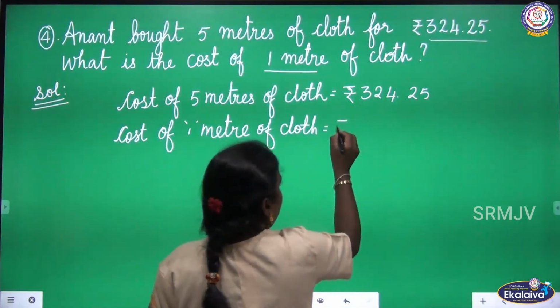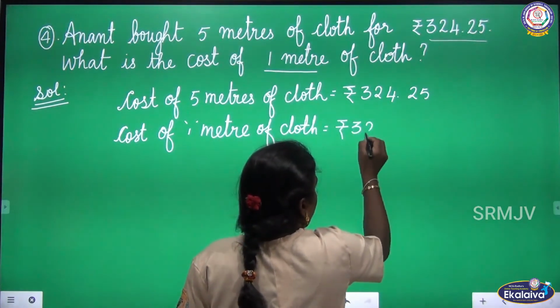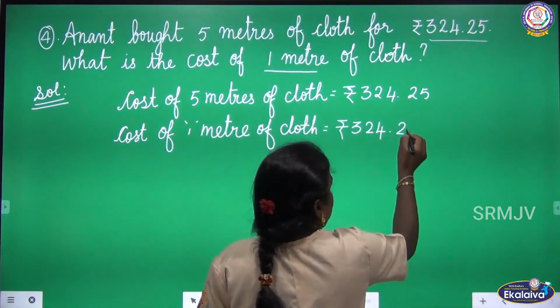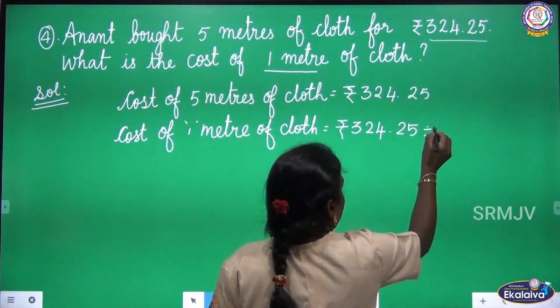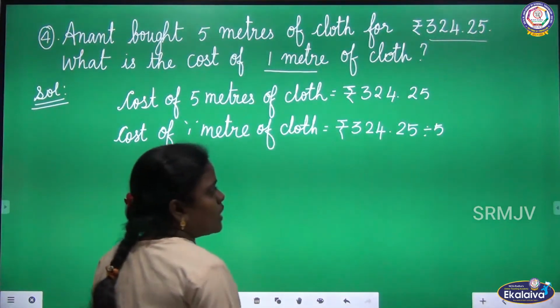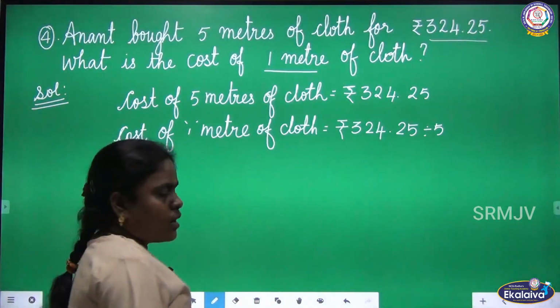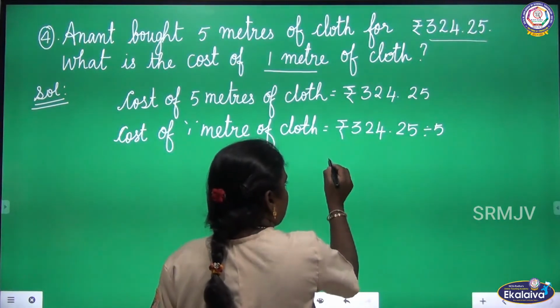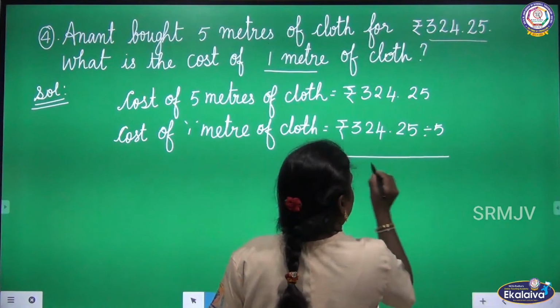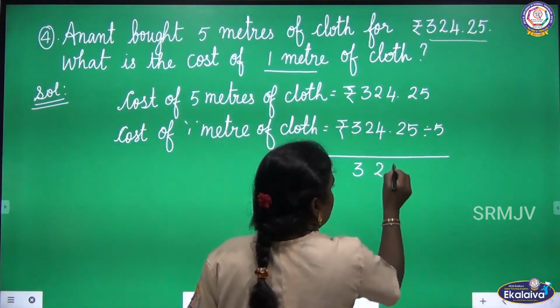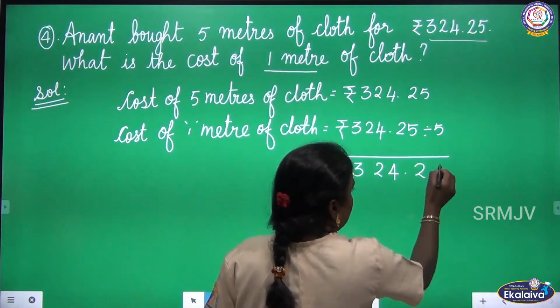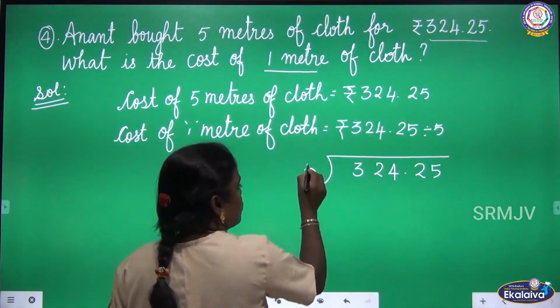So divide the amount 324 rupees and 25 paise by 5. So let us arrange the numbers, then we will divide. 324 rupees and 25 paise by 5.